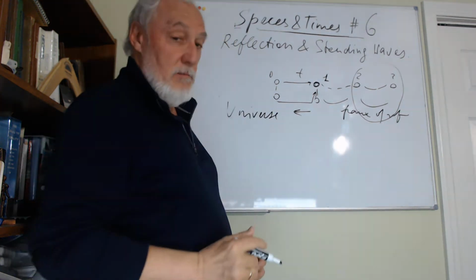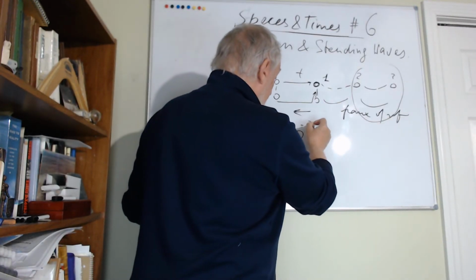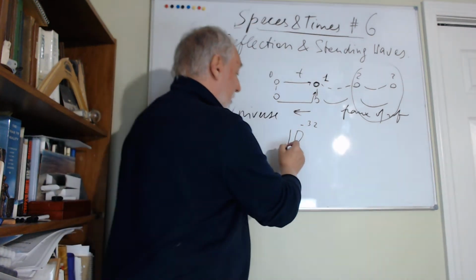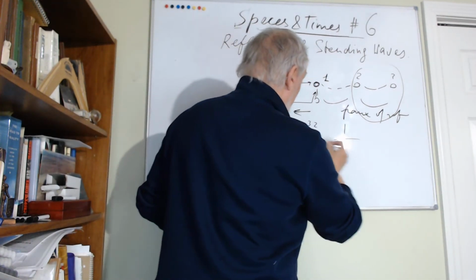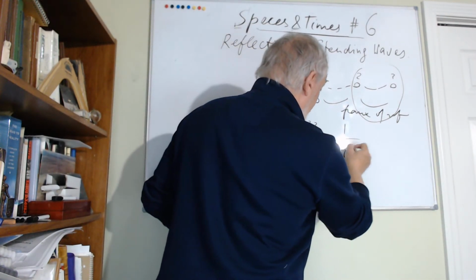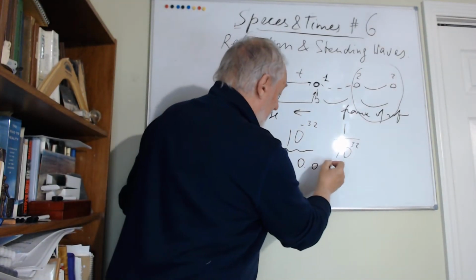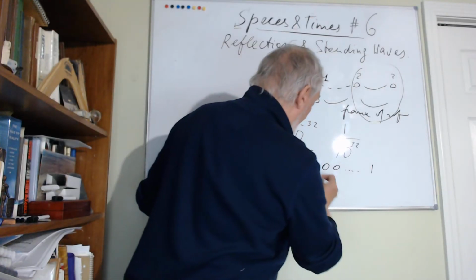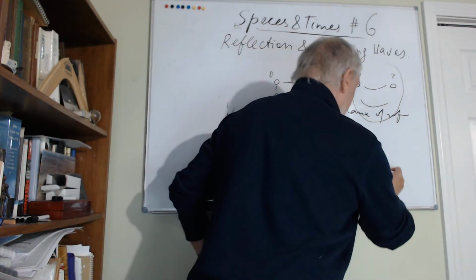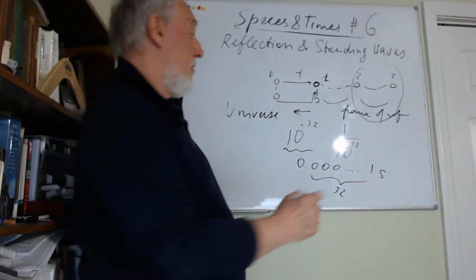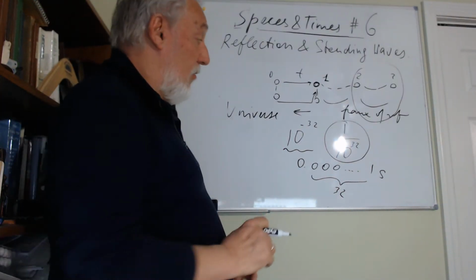at the very beginning, in the first 10 to the minus 32 part of a second of its existence, so 1 divided by 10 to the power of 32, like 0.000 blah blah 1 with about 32 zeros, seconds, in this part of the second right at the beginning, the universe expanded.